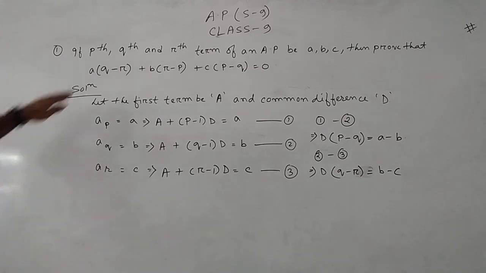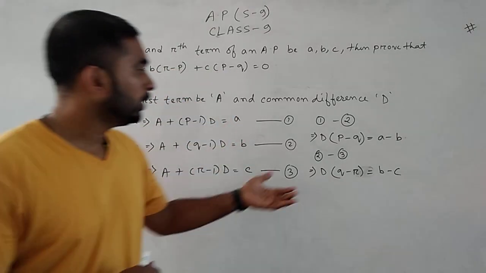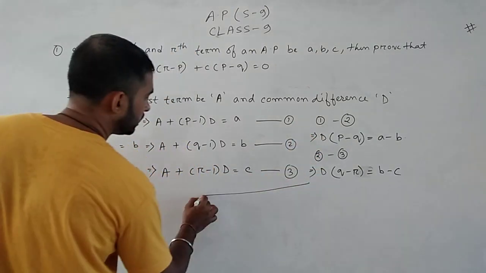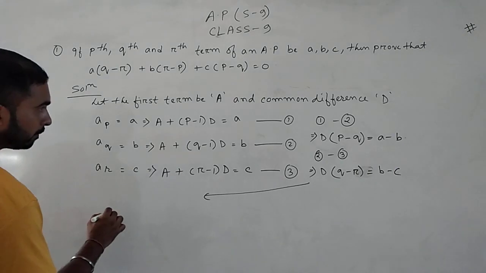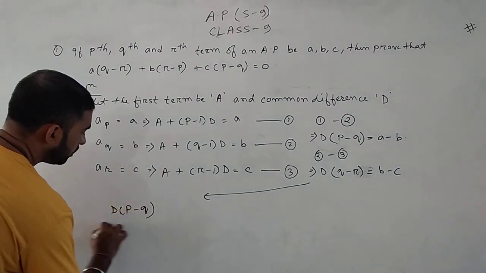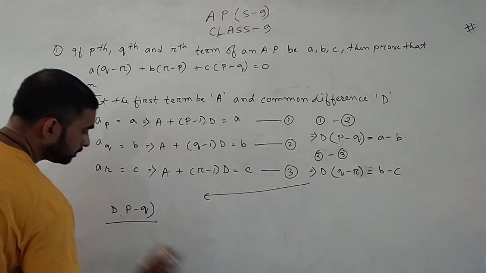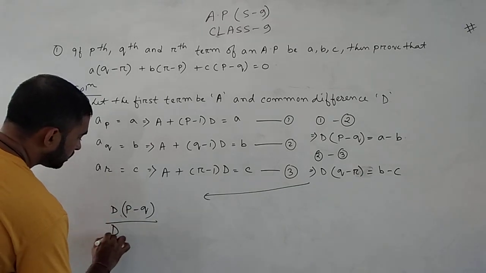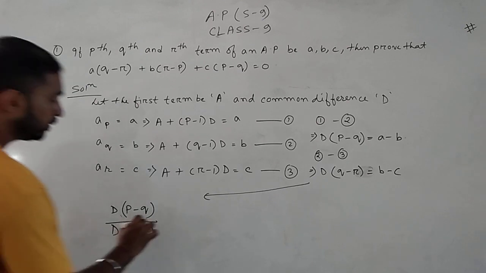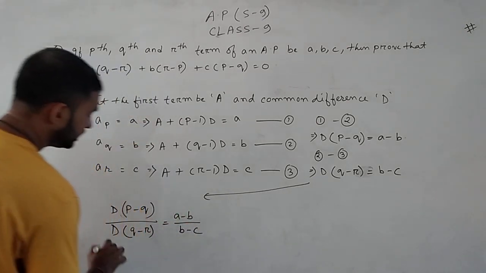Now see, in this part there is no d, so we will cancel d. Now d will be cancelled if we divide this by this or this by this. So if I divide them, means d into p minus q by d into q minus r equal a minus b by b minus c.